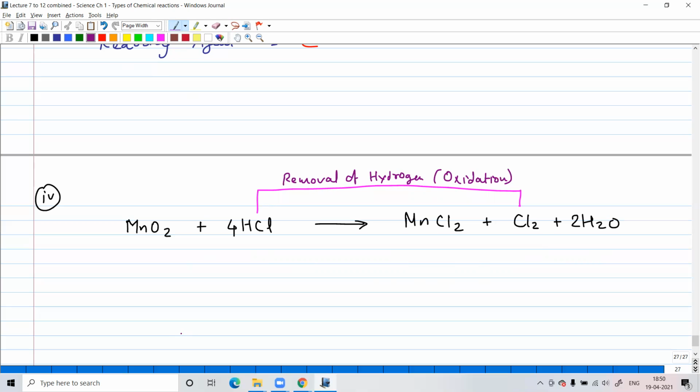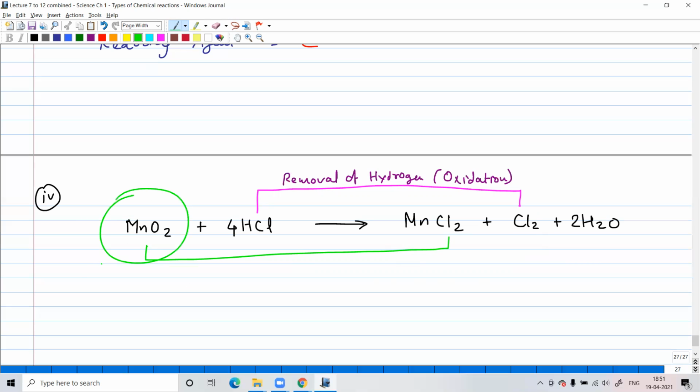Okay. Now tell me what else is happening here. If this is oxidation, where is the reduction happening? MnO2. Yes, MnO2, manganese oxide, is getting reduced to manganese chloride. Here oxygen got removed. There is no oxygen over there now. And then chlorine also got added later. That's okay, we don't care about that.